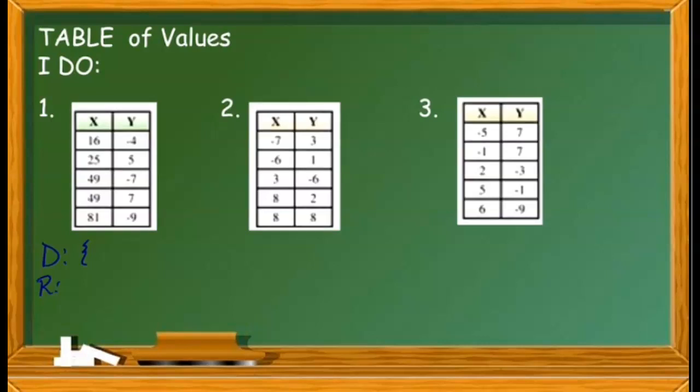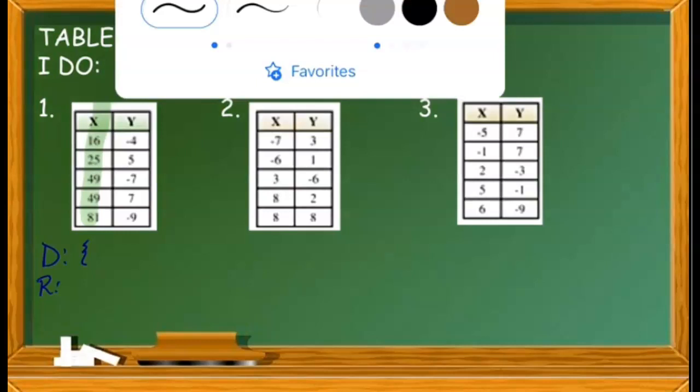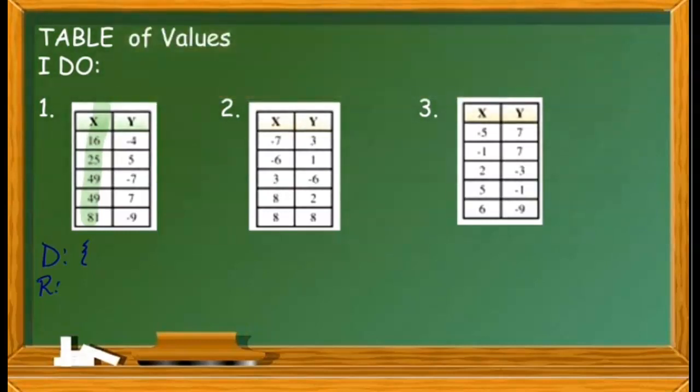So your x values will be your x's in your table, and then your y values obviously will be your y values in your table. So all you're going to have to do is just write those down. Again, remember, we don't repeat, and we're watching for if our x does repeat itself.